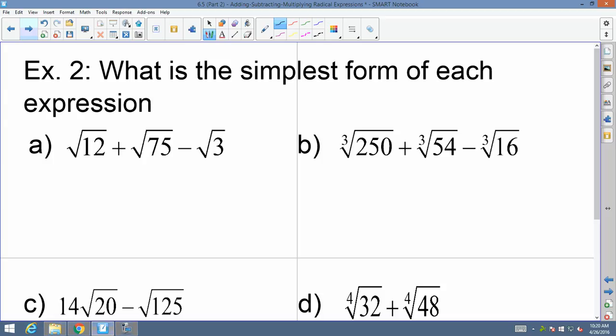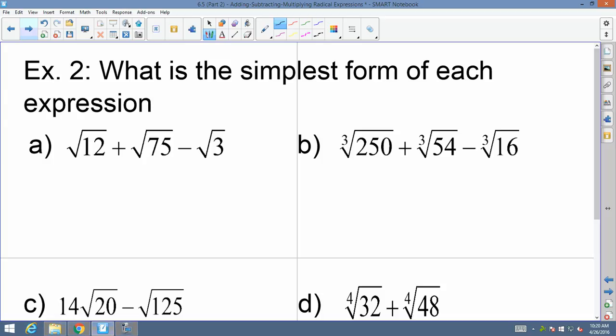Sorry, I just got confused here by one of my students, so sorry about that. But yes, if you have the same index, but they have different radicands, let's break it down and see if we can create the same radicand.